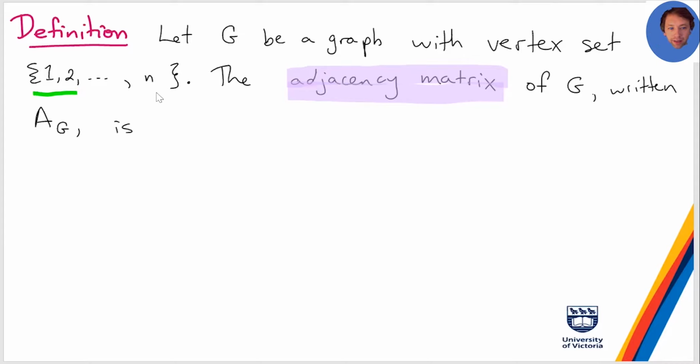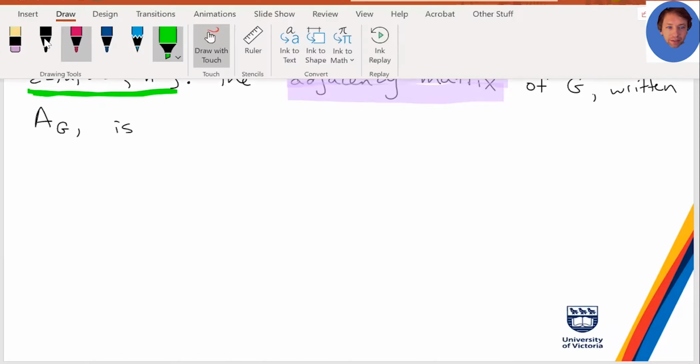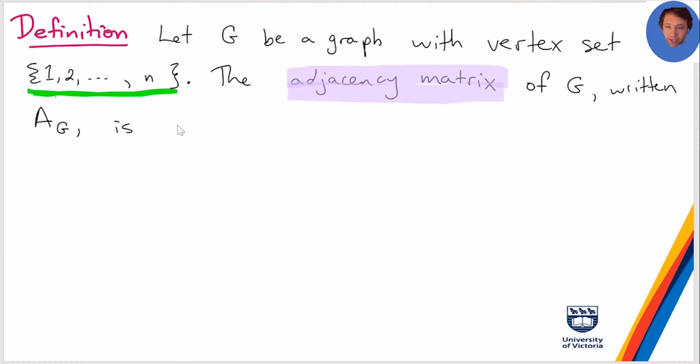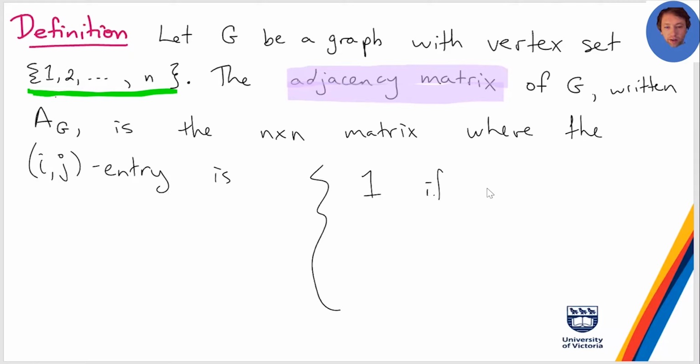To make my life a little easier, so I can talk about the first row, second row, I'm going to think of the vertex set as being the numbers 1 up to n. So the adjacency matrix of G is the n by n matrix where the ij entry is 1 if ij is an edge and 0 otherwise, right?